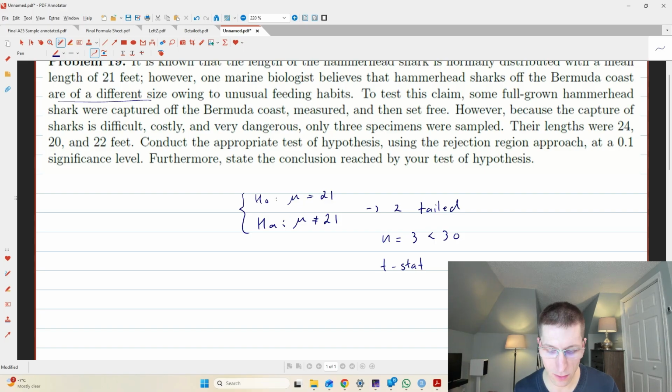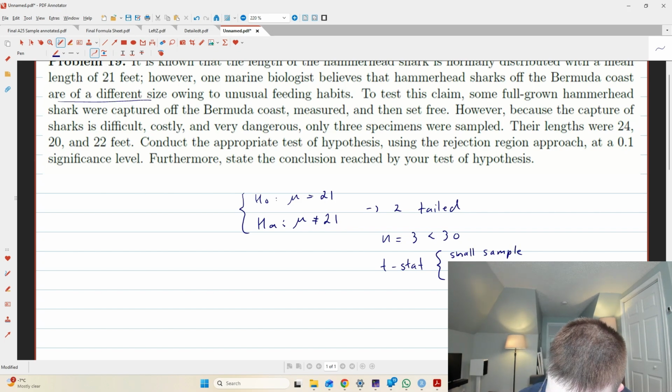That is the case where sigma is unknown. So we have small sample, sigma is unknown, and the population is known to be approximately normal. That's the one and only case where the t-statistic is appropriate.